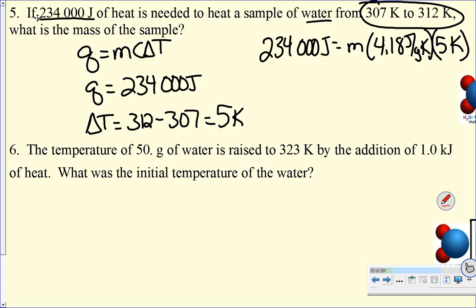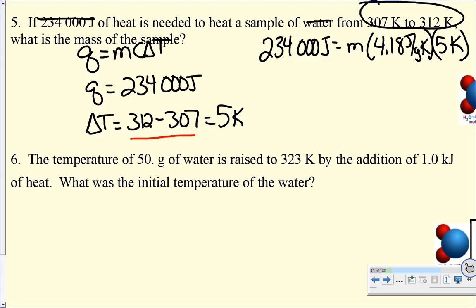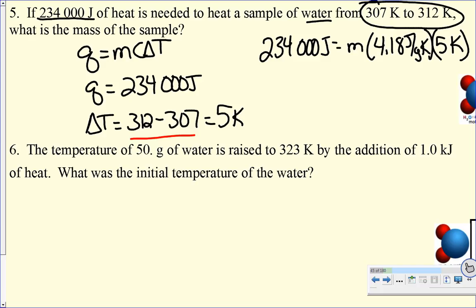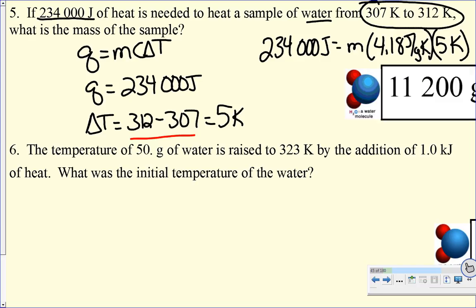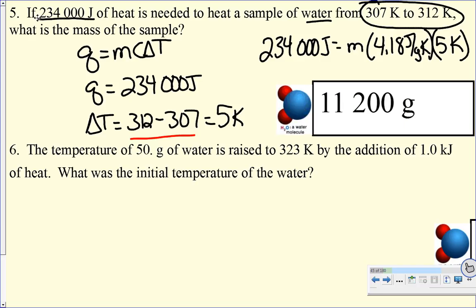Because we really do have 3 sig figs here, we are going to be able to keep 3 sig figs in this answer if we want. That is allowed here. I know it looks like there's only one because of that 5. So you're going to do 234,000 divided by your 4.18 times 5. Should give you 11,200 with 3 sig figs.